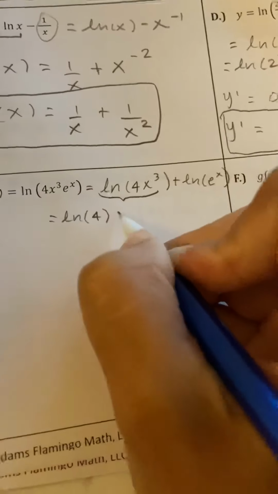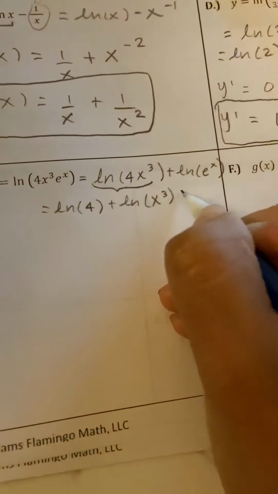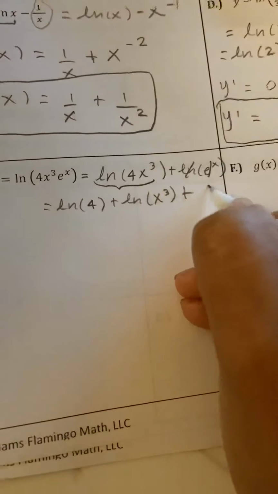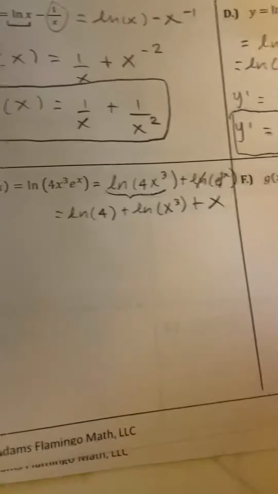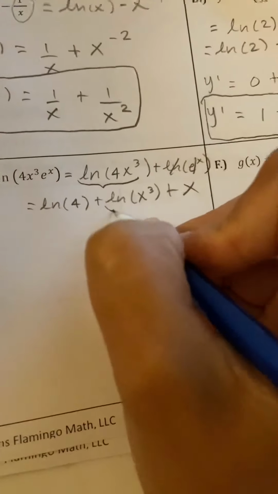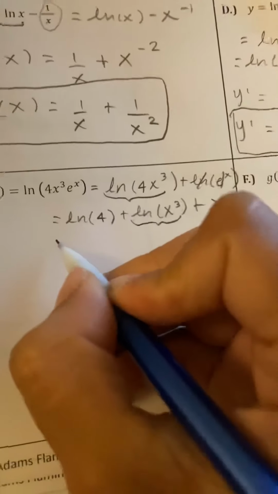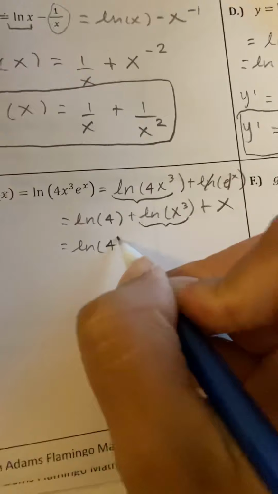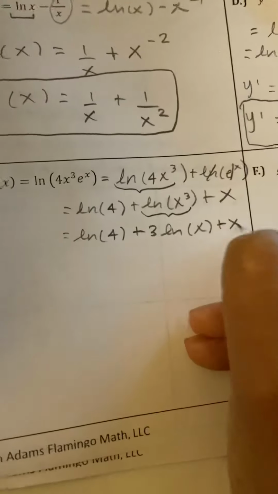Ln of 4 plus ln of x cubed plus ln and e cancel, so the only thing that stays is x. Okay, and again, I can further rewrite this part here by moving that exponent to the front. So I would have ln of 4 plus 3 ln of x plus x.